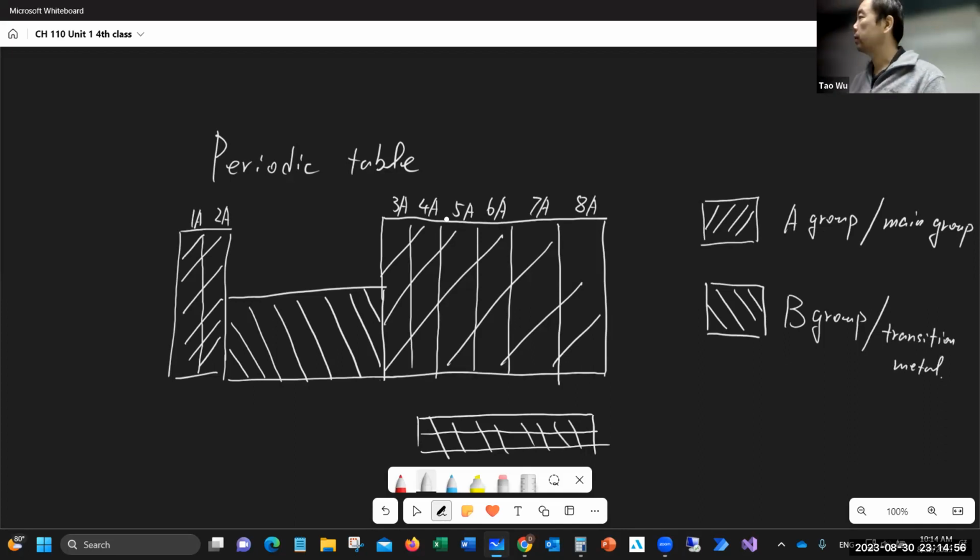B group or transition metal. This is what they talk about over here.